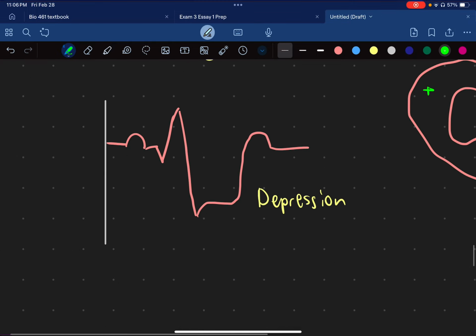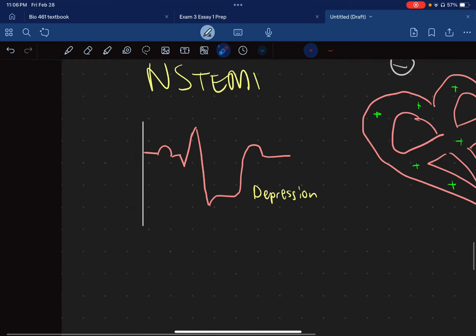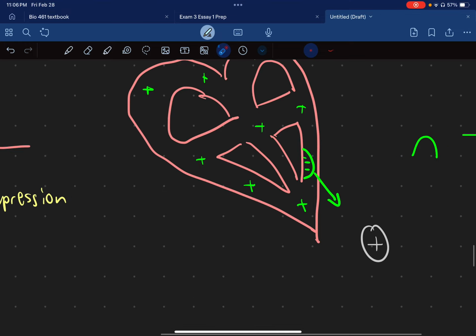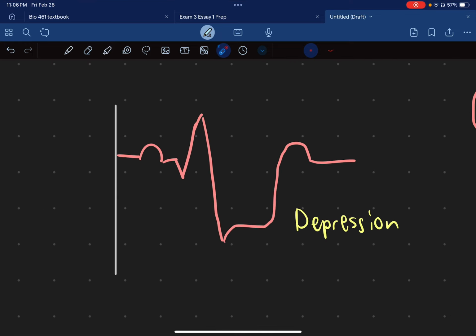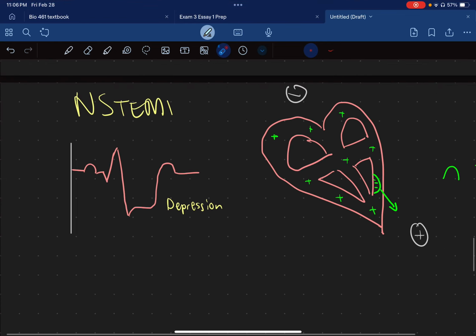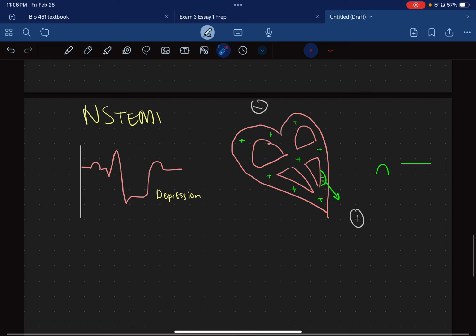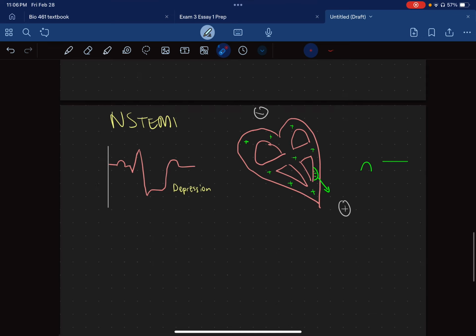So here in our NSTEMI graph, we can see the original baseline where it should be, but because of this constant signal being sent to the EKG, there's a heightened baseline. So that's what's happening with an NSTEMI.